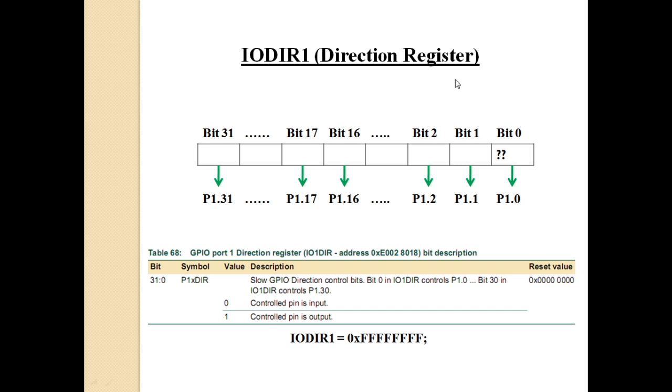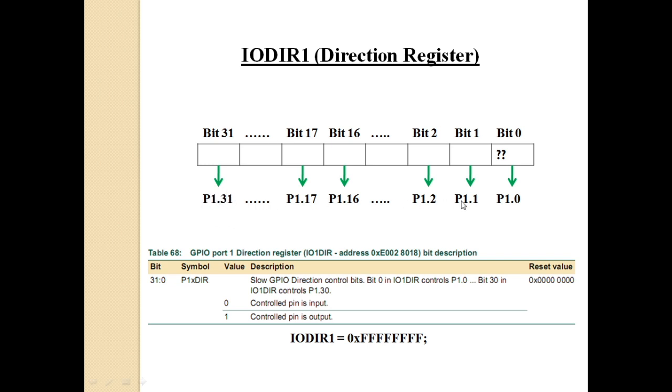Each bit of the IO direction register has a one-to-one mapping with the corresponding pins. So bit 0 of the IO direction 1 register is used for configuring the P1.0 pin, the 0th pin of port 1. Similarly, bit 1 is used for configuring the P1.1 pin. Similarly, bit 31 is used for configuring the P1.31 pin.